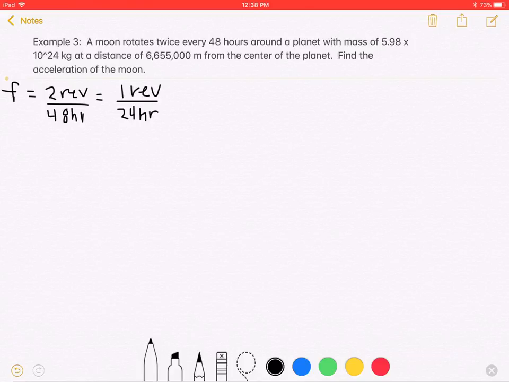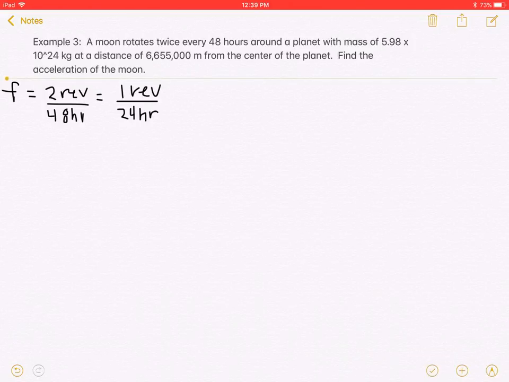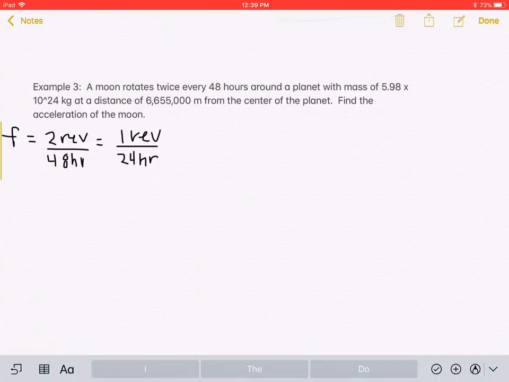Okay, we're also told that the mass of the planet. Sorry, let's go back and fix this for a second.